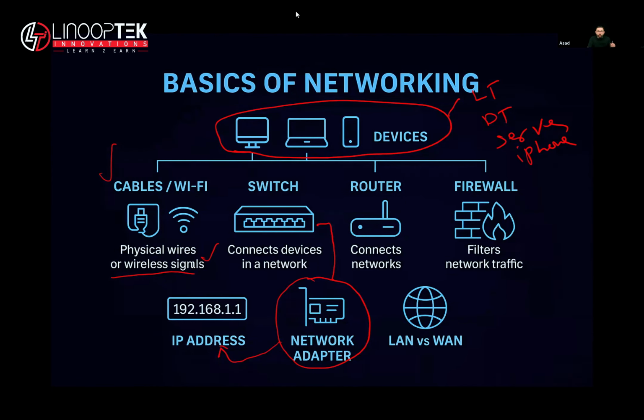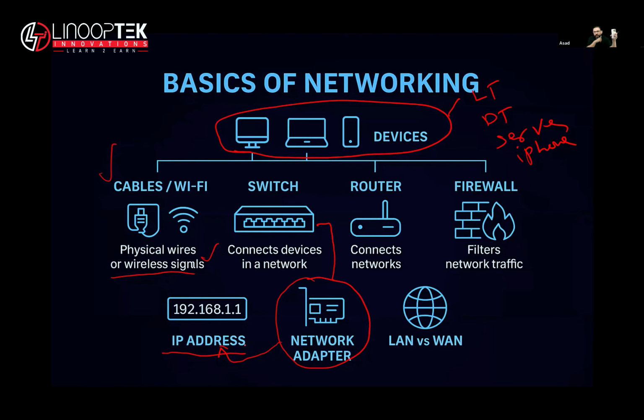So now we know that every network has a device like your laptop, desktop, or server, and every device has a network adapter, and every network adapter has an IP address. So what is an IP address? An IP address is basically a logical address. What is a logical address? Every single one of you has a logical address. If you're a US citizen, your logical address is your social security number.